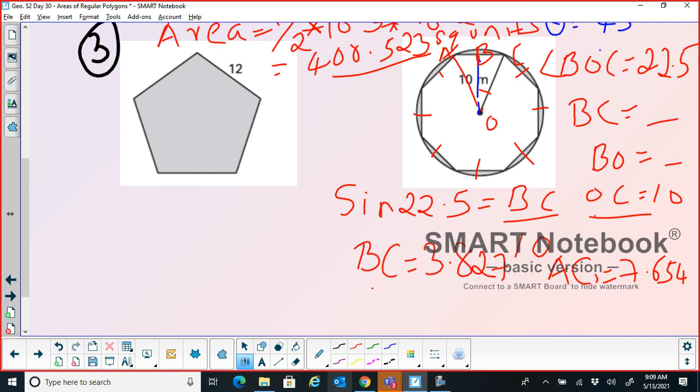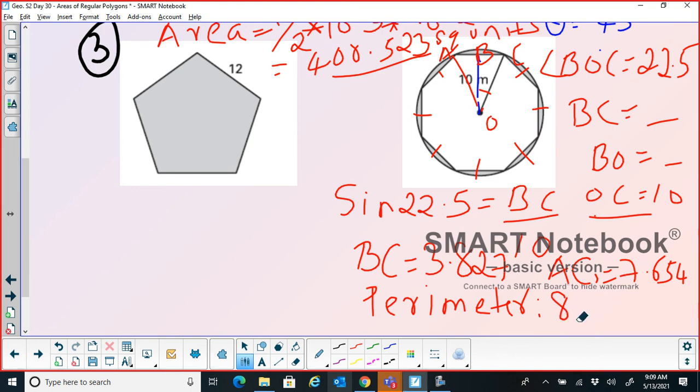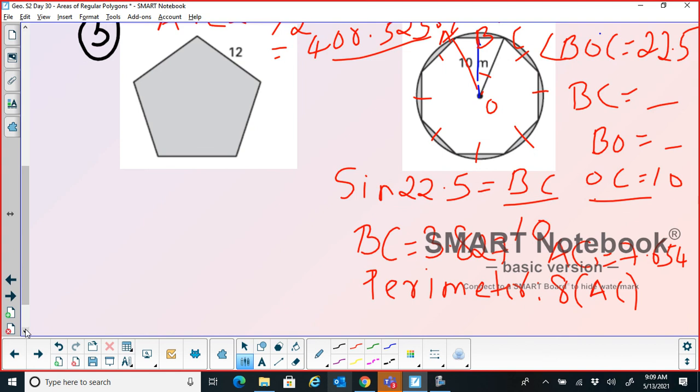And I can find the perimeter. There were 8 sides in this polygon, so you'll do 8 times AC. 8 times 7.654 will give us the perimeter as 61.232. This is our perimeter.